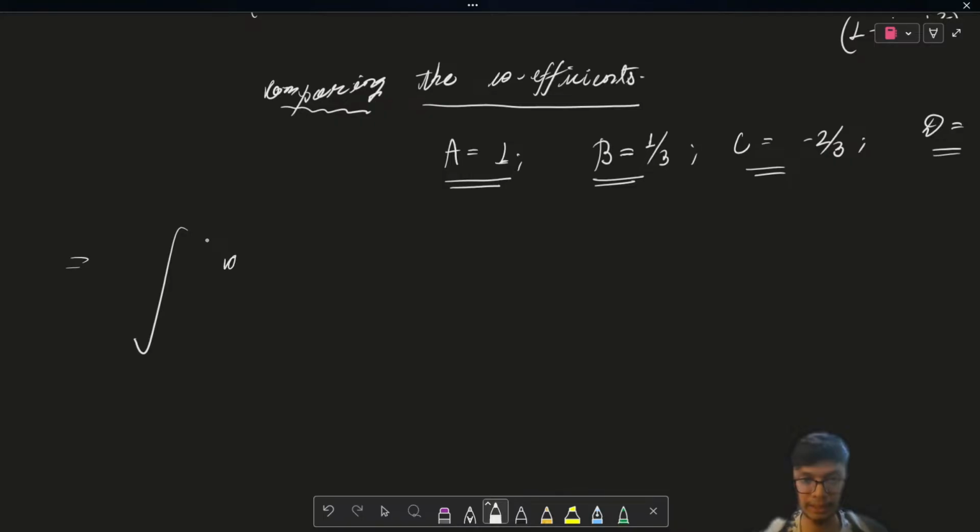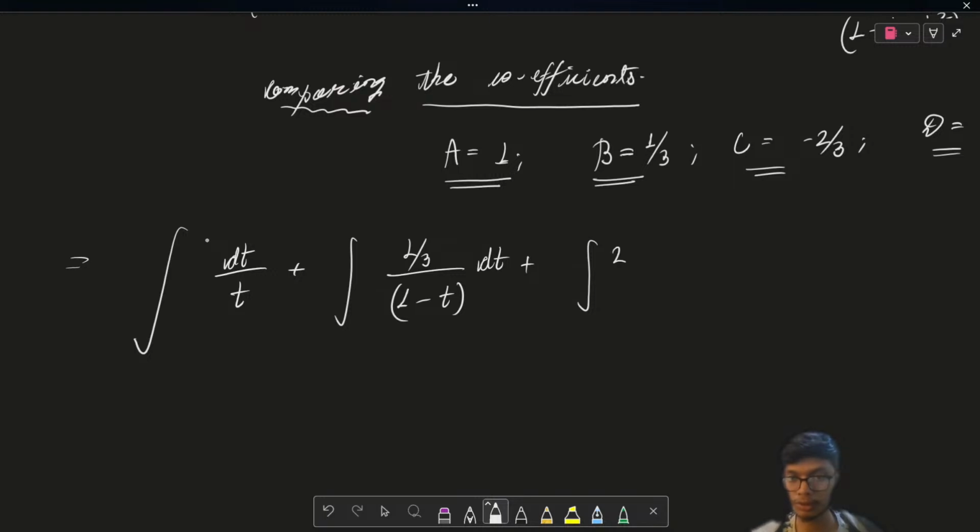The integral over here will be dt upon t plus integration of 1 upon 3 by 1 minus t dt plus integration of, taking minus common, 2 upon 3 divided by 2t plus 1 upon 3, and then divided by 1 plus t square, and then dt.